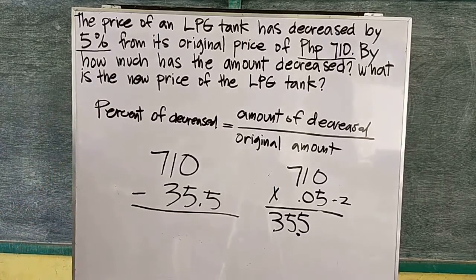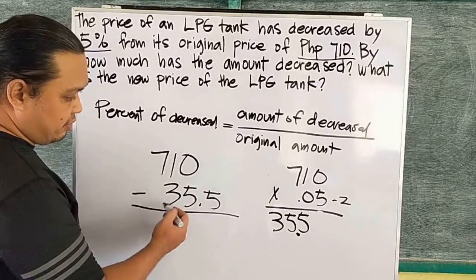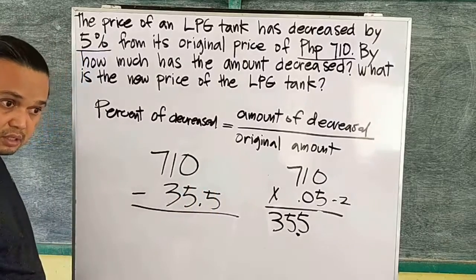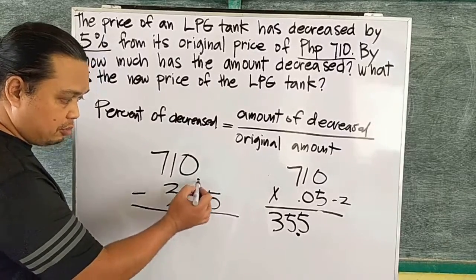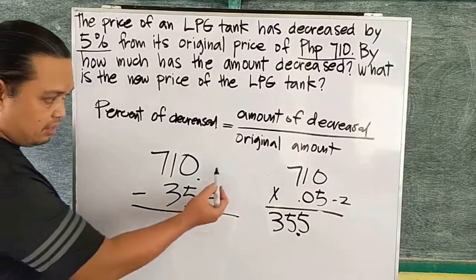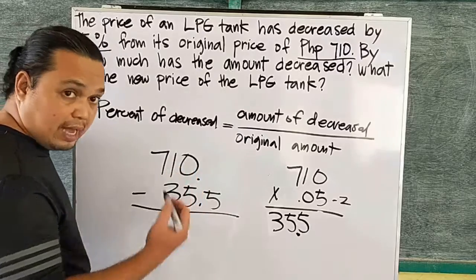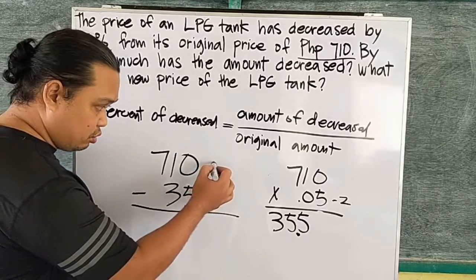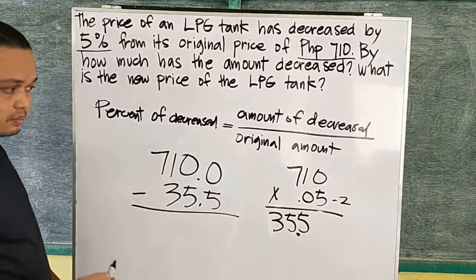So let's subtract. 710 minus 35.5, subtracting decimal numbers. First, you have to align all the decimal points and subtract. Now, nothing minus 5, so you need to add 0 here, because there's no number.